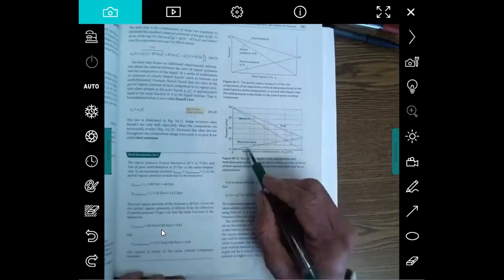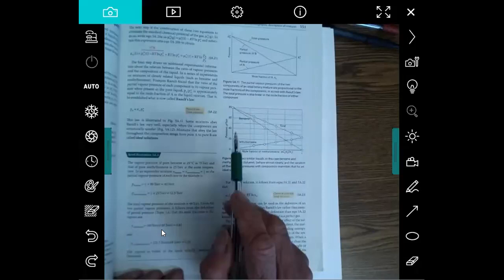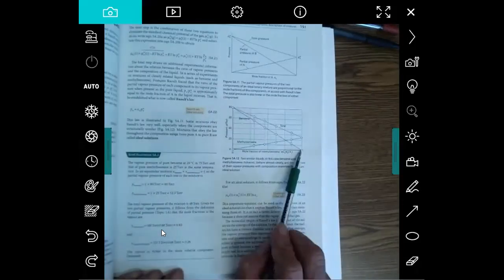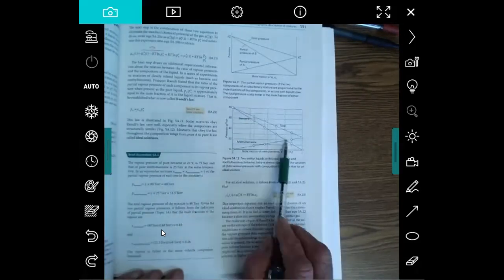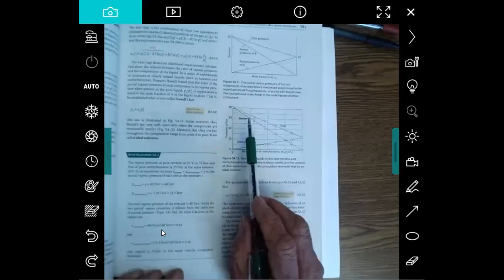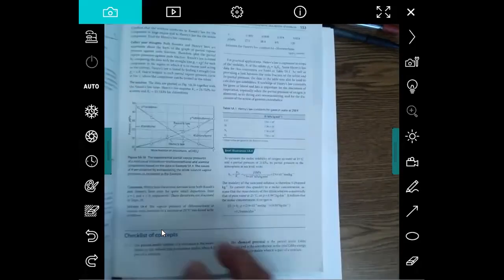It goes down as it gets less concentrated. And the same thing's happening with benzene. As it's pure over here, it's at its vapor pressure, but then it just goes down as a function of its mole fraction. When you add those two together, you get the total pressure. So that's an ideal solution.